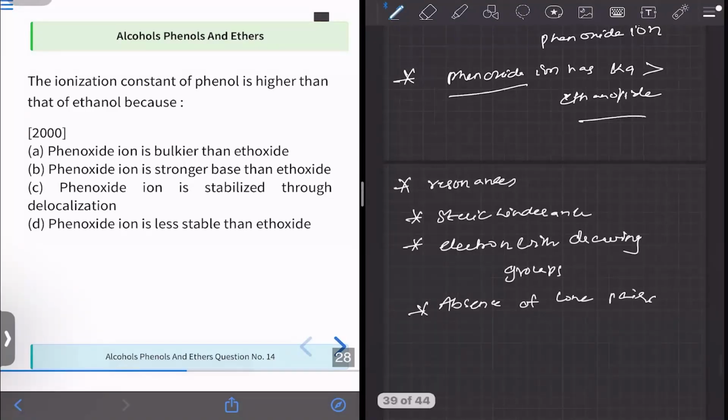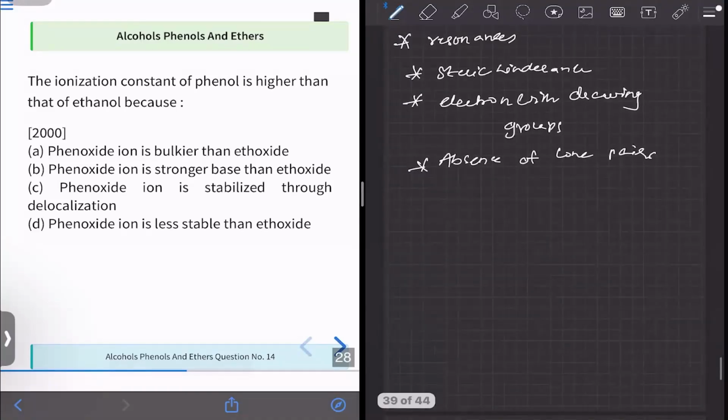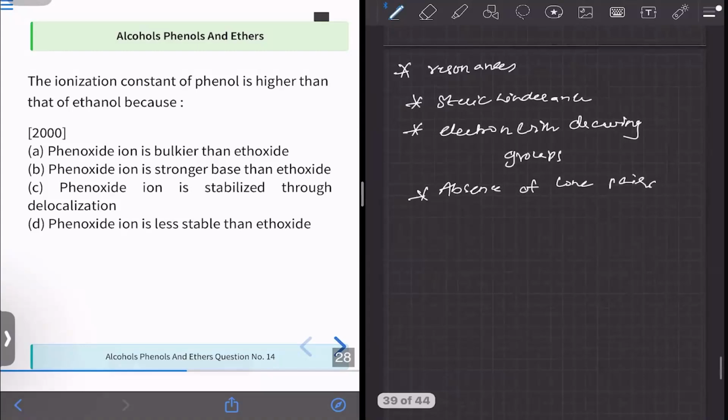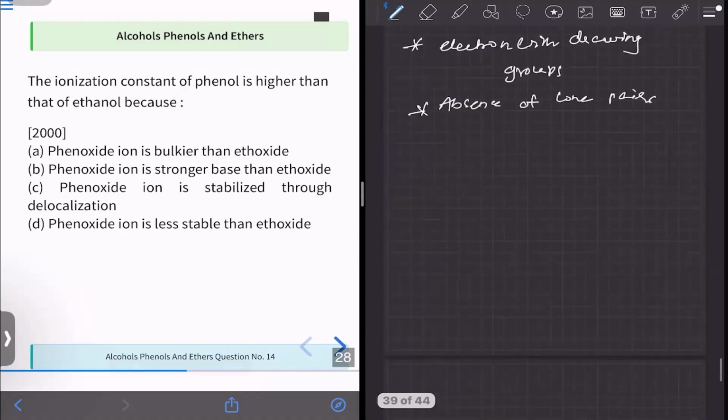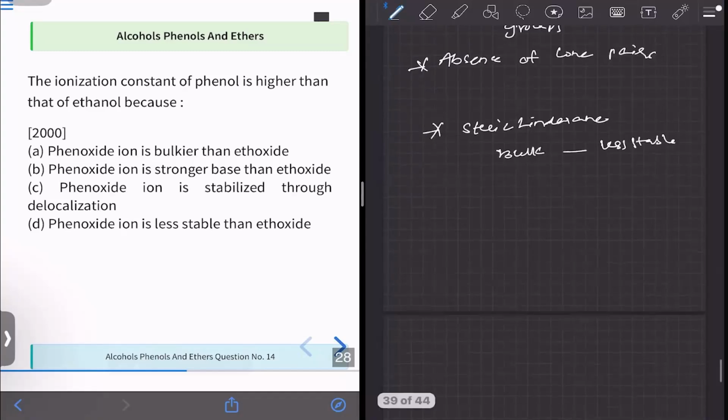If it contains lone pairs, it becomes unstable. Phenoxide ion is bulkier than ethoxide, but according to the steric hindrance concept, which is more bulky will be less stable. So option A is wrong.